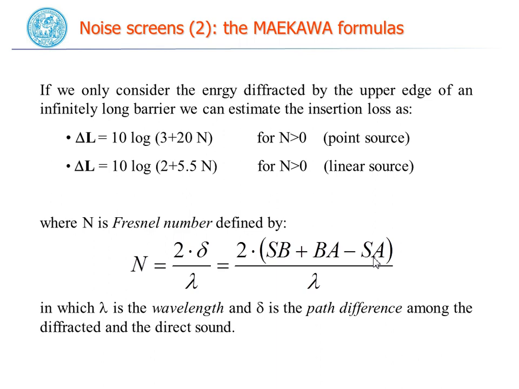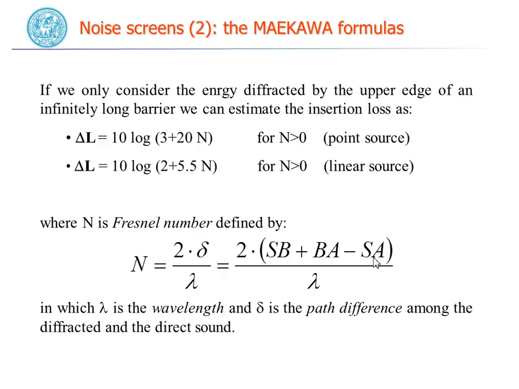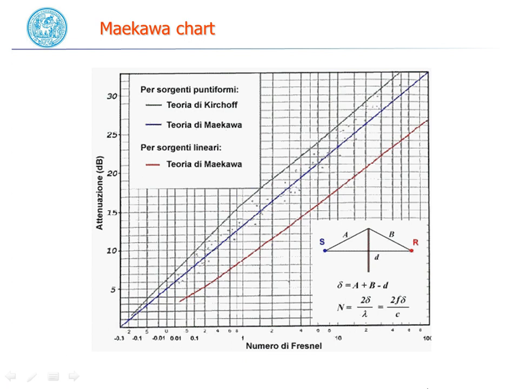But this is equal to multiplying twice the path difference. In this corner, we can see that it equals 2 times delta divided by lambda, but it is also equal to 2 times the frequency times delta divided by c, that is the speed of sound.